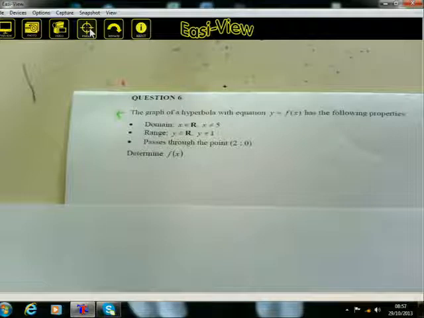Range: y is an element of real numbers, y is not equal to 1. And we are told that it passes through the point (2, 0). We have to determine f at x. That means we have to find the equation of the hyperbola.